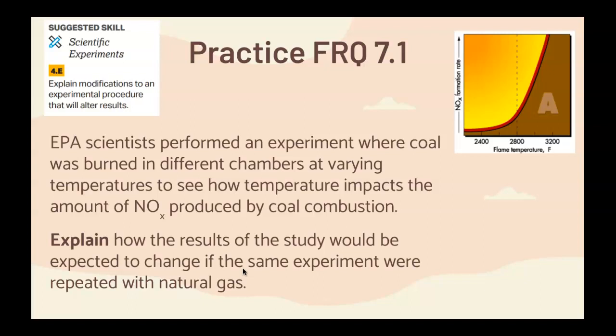So I want you to look at those results on the graph and then explain how the results of this study would be expected to change if the same experiment were repeated with natural gas. So go ahead and take a stab at that one and we will talk about it.